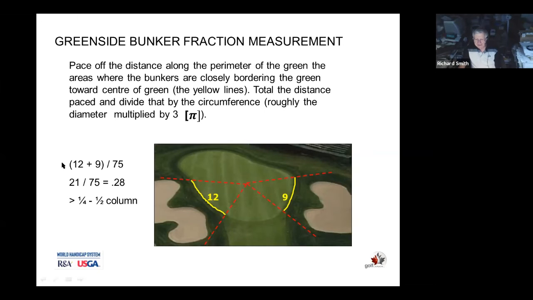So in this case, that fraction of the whole circumference is 0.28, which is slightly greater than a quarter. So we would be using here the greater than a quarter up to a half column.